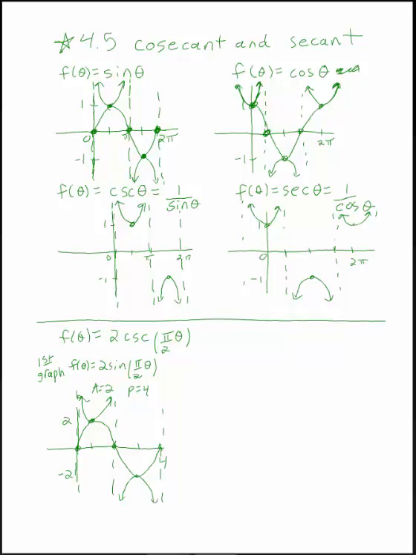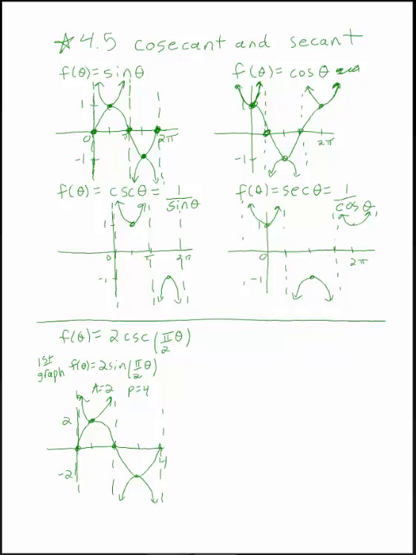And now if I had a pencil here, then I would erase the sine curve, because the sine curve just serves to help me understand where the asymptotes are and what the corresponding cosecant function is going to look like. But I don't want people to get confused and think that the points on the sine curve are actually points on the cosecant graph, because that's not the case. It just helps us understand the properties of the corresponding cosecant function.